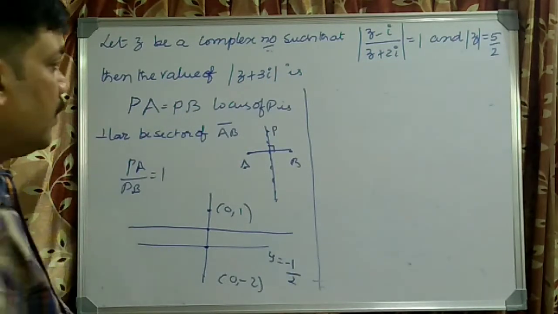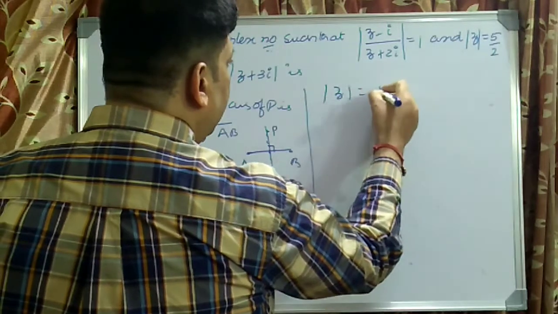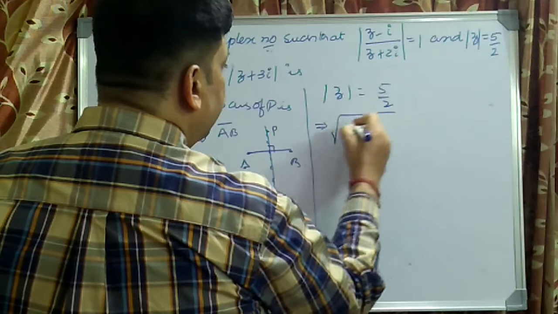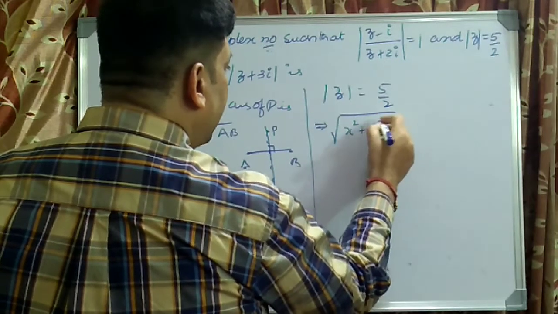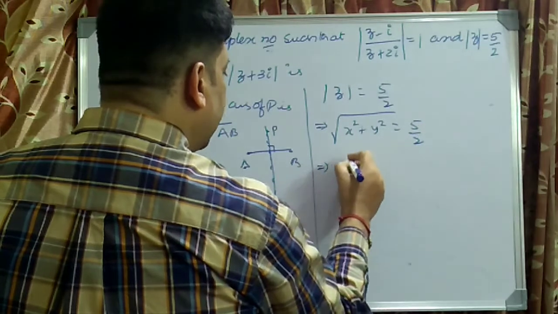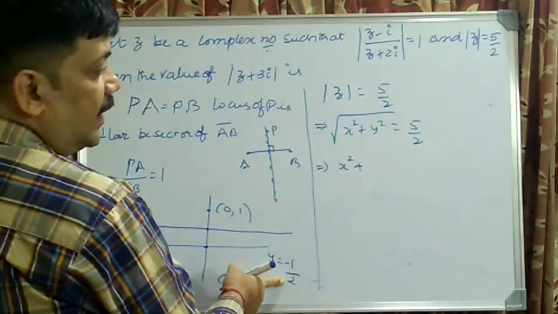Now one more thing given here is mod z is equal to 5 by 2. That implies square root of x square plus y square is equal to 5 by 2. Squaring, what do I get? x square plus y square, where y is already -1 by 2.